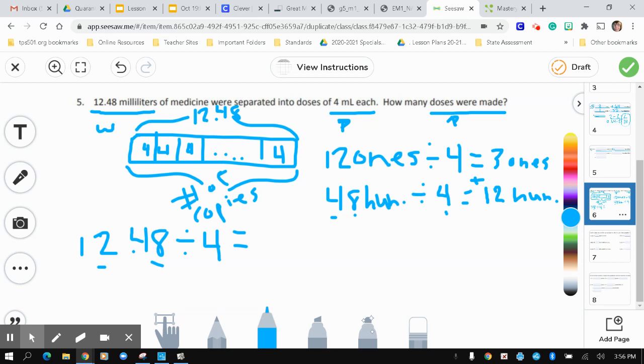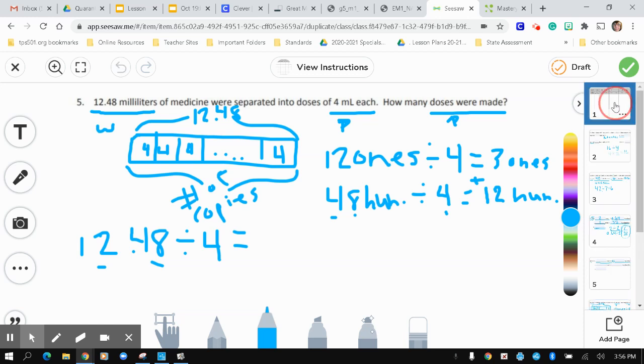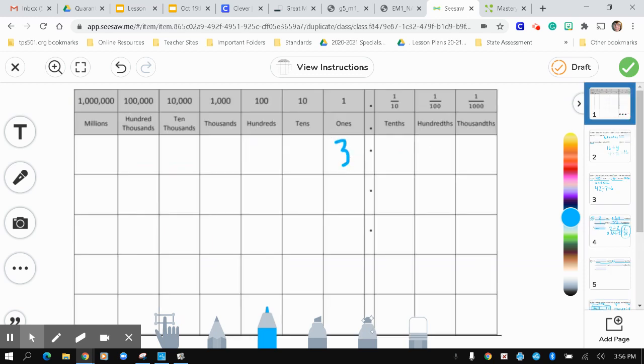So I'm going to go back to the place value chart to add 3 ones and 12 hundredths. So I have 3 ones, and then I have 12 hundredths, and I need to add those together. Well, placeholder zeros. In my hundredths place, I have a 2. In my tenths place, I have a 1. And in my ones place, I have a 3.